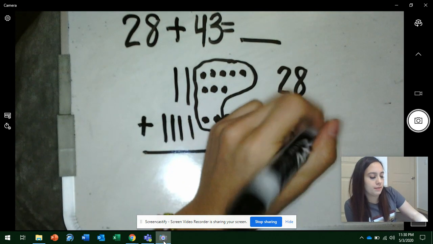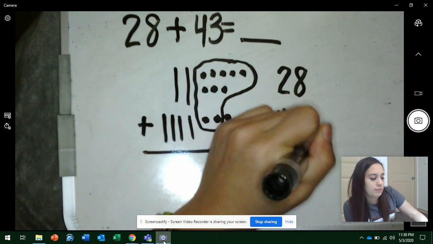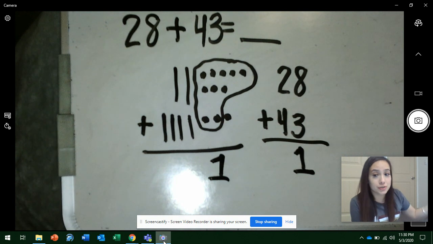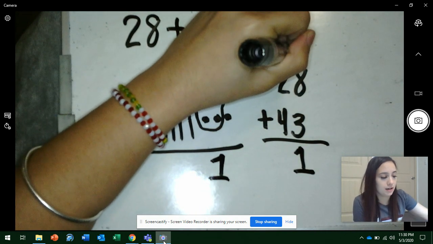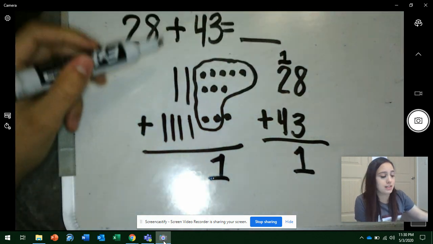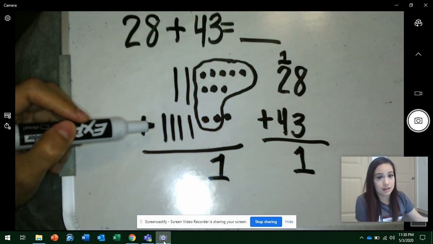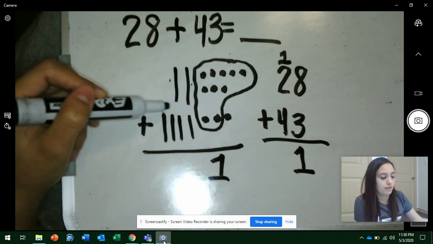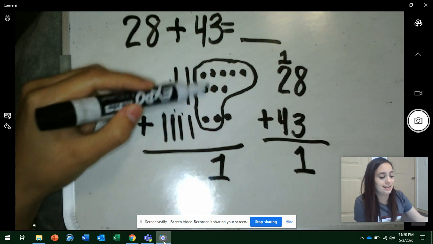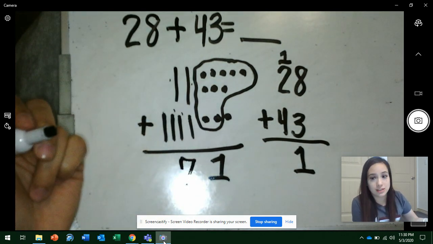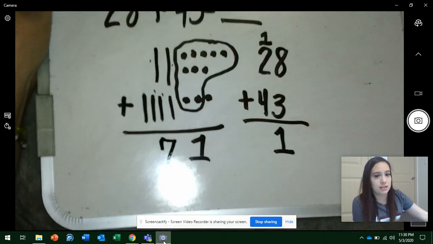So let's draw it. Remember, we put the 1 with the 1s, and we put our extra 10 up here, so that we don't forget to add it with the rest of the 10s that we have, remember? Now let's count our 10s. 1, 2, 3, 4, 5, 6, 7 with the new 10. Should have put 7 here. Let's see, we have the same answer here next to it.